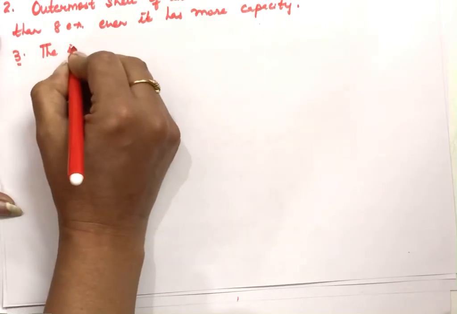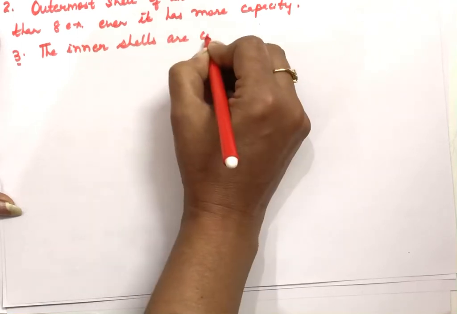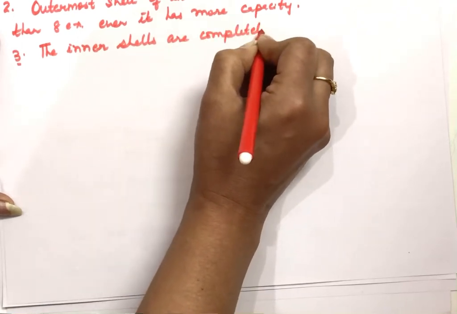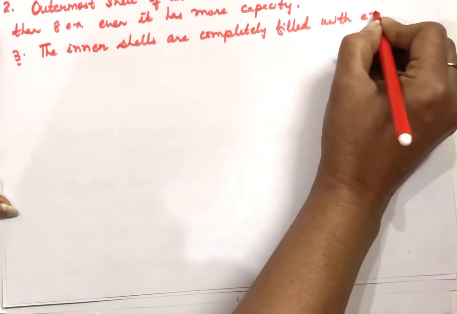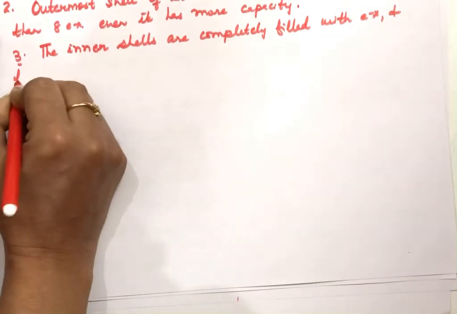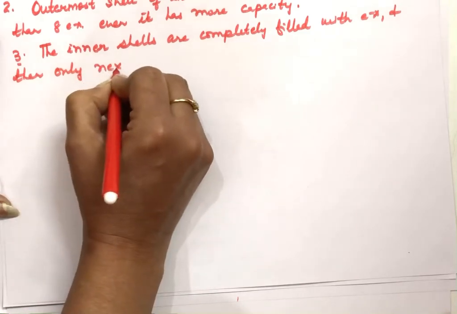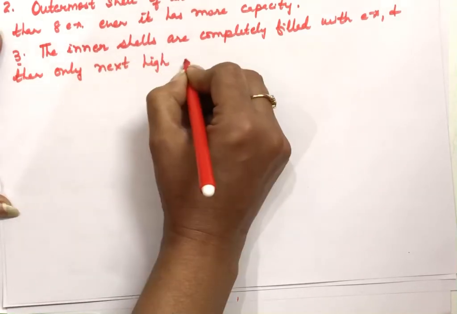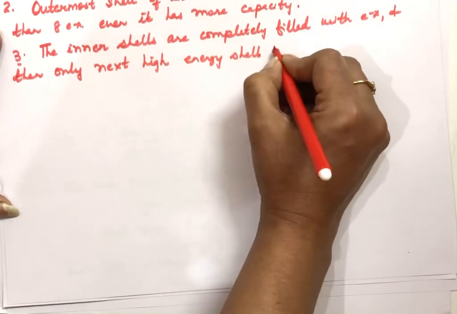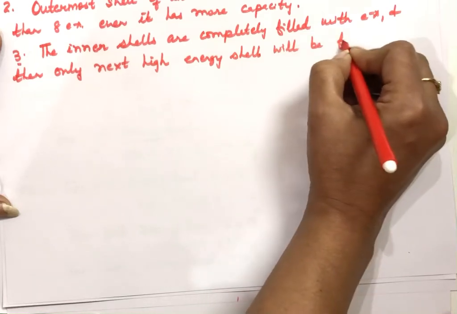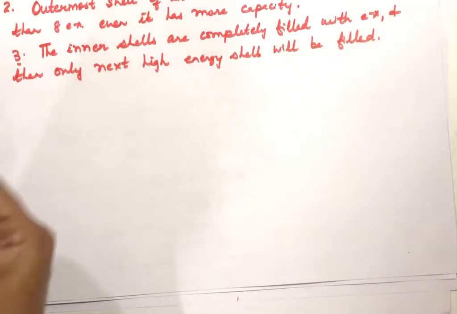The inner shells are completely filled with electrons, and then only the next high energy shell will be filled with electrons. So taking these 3 points, we will write the electronic configuration of elements.